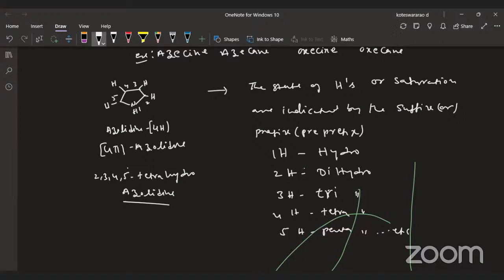These kinds of indications are important or mandatory when it is partly saturated and partly unsaturated.